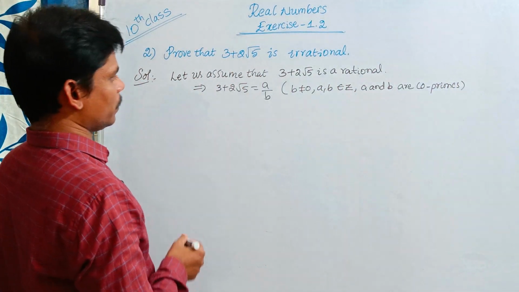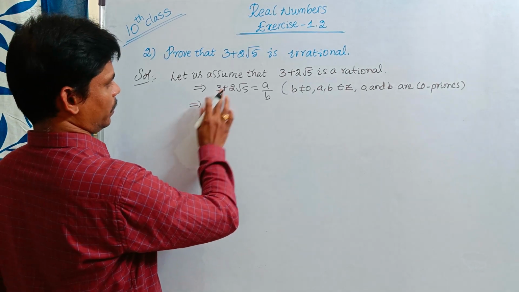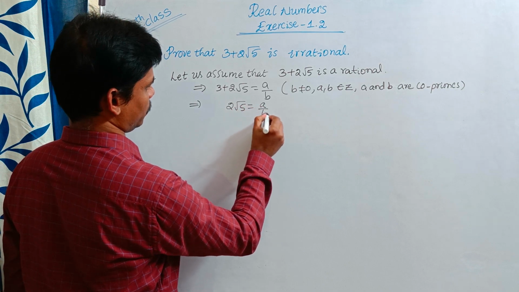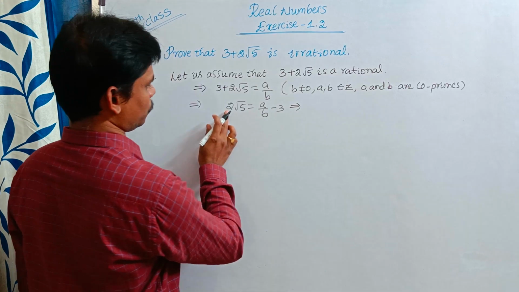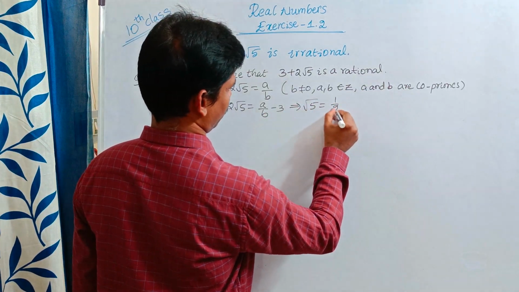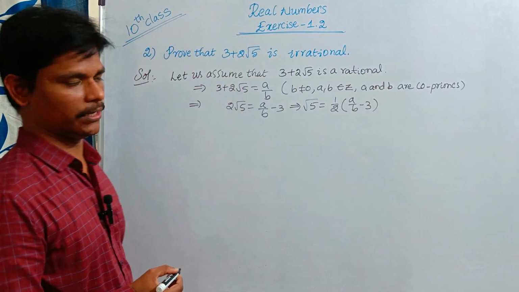Okay. Next, to simplify this, 3 transposes to this side: 2 root 5 is equal to a by b minus 3. And 2 also transposes to this side: root 5 is equal to 1 by 2 into (a by b minus 3).